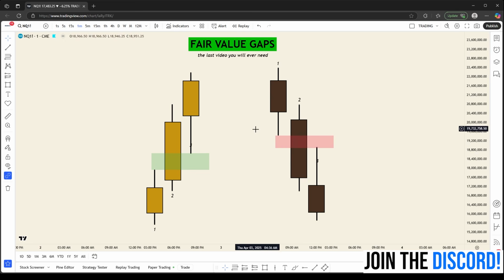Instead, you would mark the fair value gap like so. Hopefully that makes sense, okay? You have to be able to mark fair value gaps correctly before you could utilize them correctly. So let's move on now. And by the way, going forward, all examples, I'm just going to use bullish fair value gaps, but just flip it on its head for bearish fair value gaps as well.